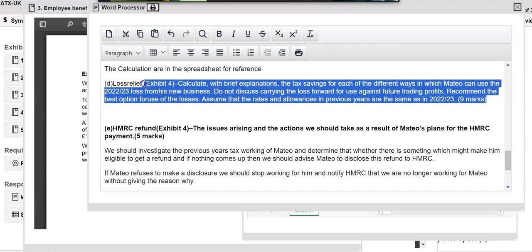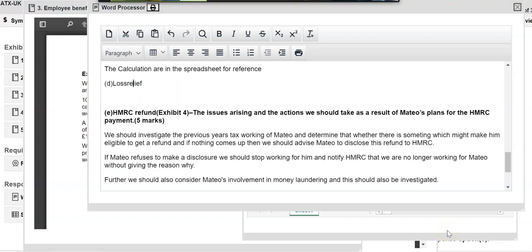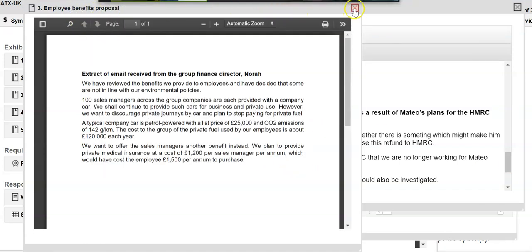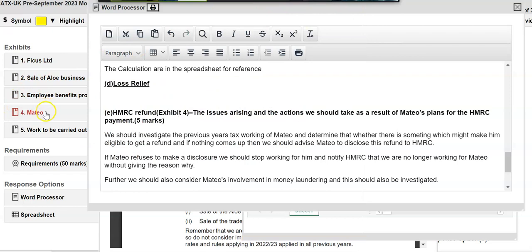So the heading would only be loss relief. So I have to kill this one.